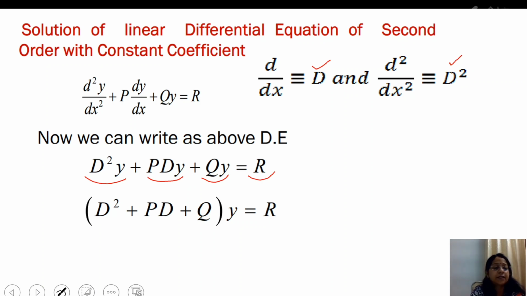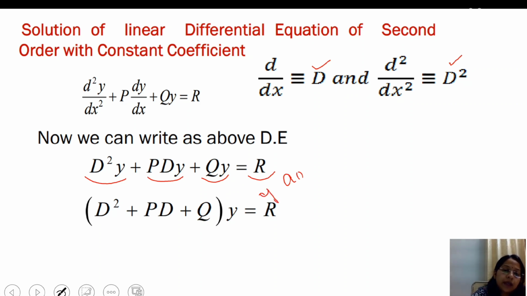If these are 0, that becomes a very simple differential equation which can be easily solved by integrating. So here we have to learn by taking P and Q as non-zero, some constant or the function of x.